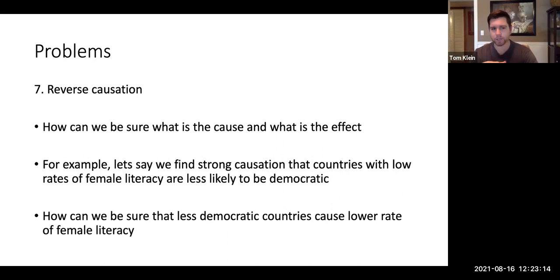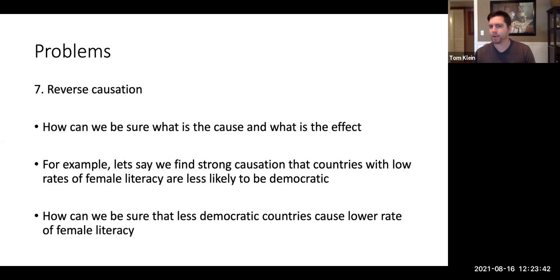The example I use here on your lecture notes is, how do we know that countries with low rates of female literacy are less likely to be democratic? That's actually a true fact. Countries with low rates of female literacy are less likely to be democratic. So how do we know whether low rates of female literacy cause democracy to halt, or perhaps less democratic countries cause lower rates of female literacy?